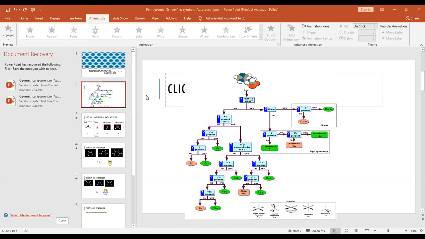From this you can understand that this has the point group C3V because it has a C3 axis and no NC2 perpendicular to that. Instead, it has N sigma V's. So it belongs to C3V.